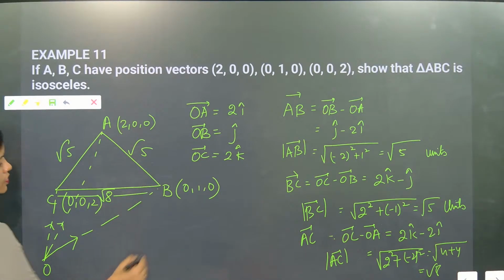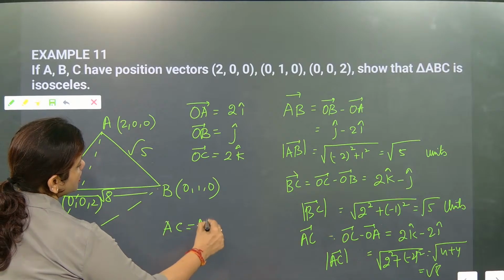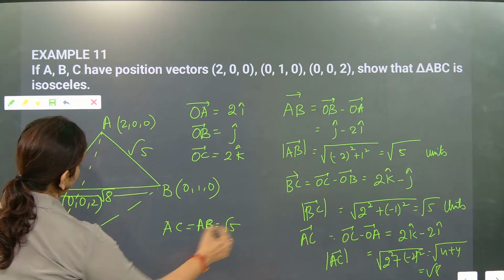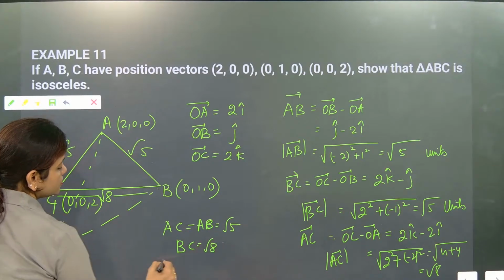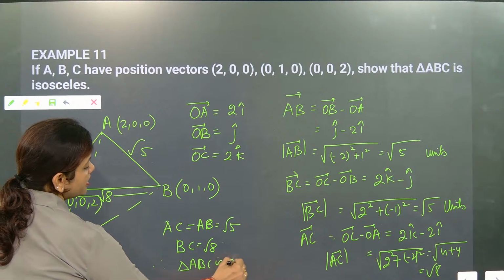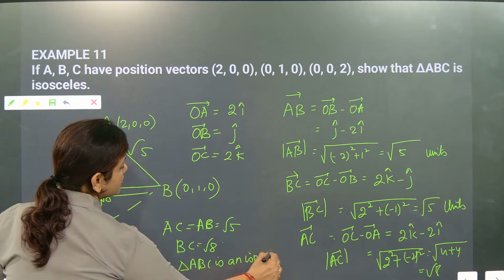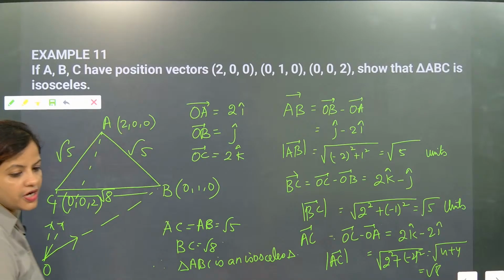So we assume AC is equal to AB is equal to root under 5 and BC is equal to root under 8. Therefore, triangle ABC is an isosceles triangle. I hope till here everybody understood.